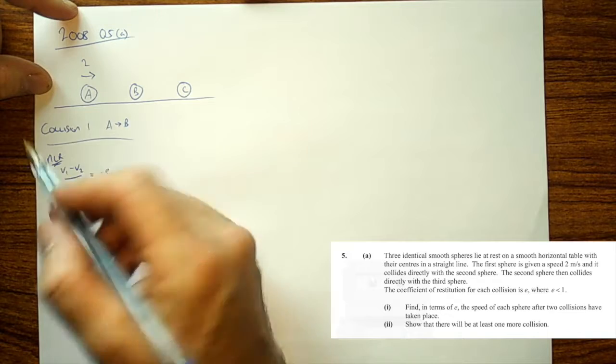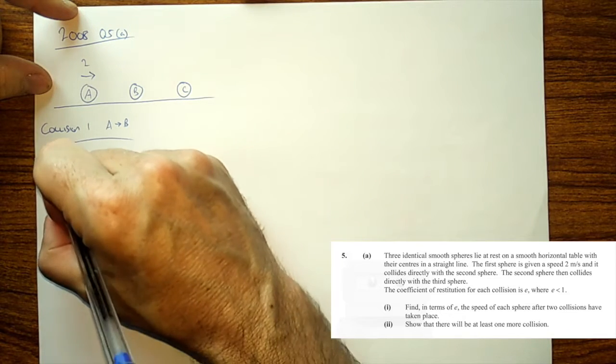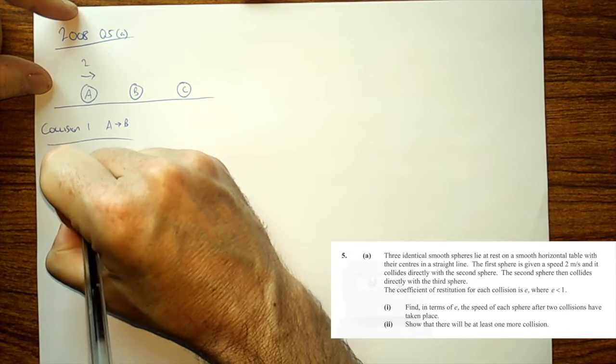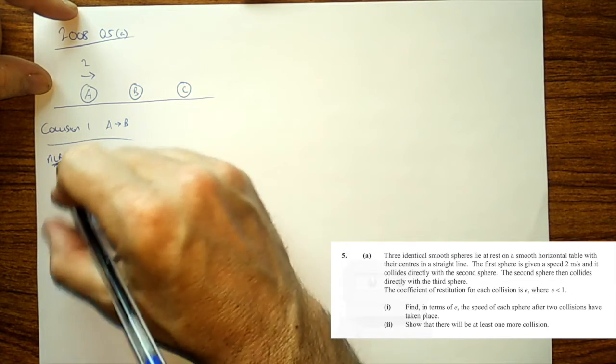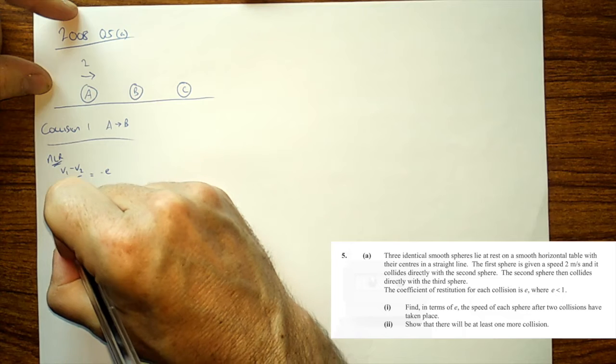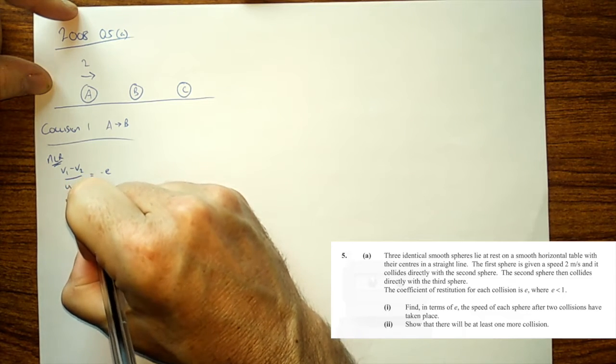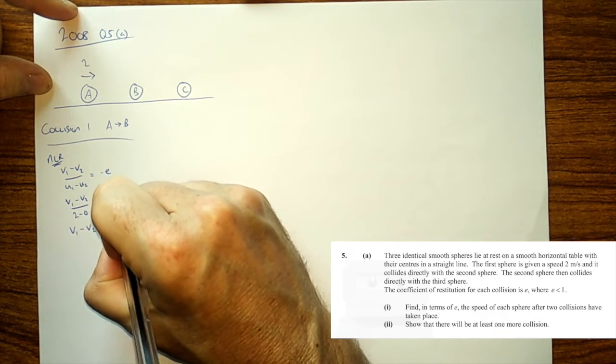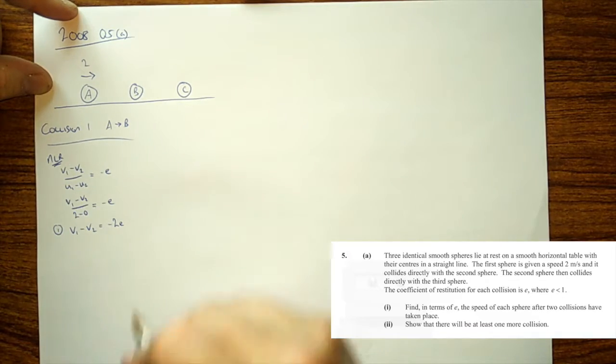So V1 minus V2 over 2 minus 0 equals minus e. So V1 minus V2 equals minus 2e. So that's our first equation.